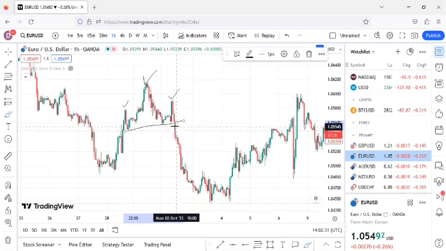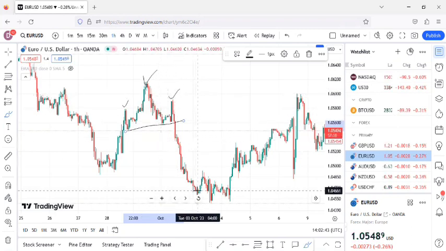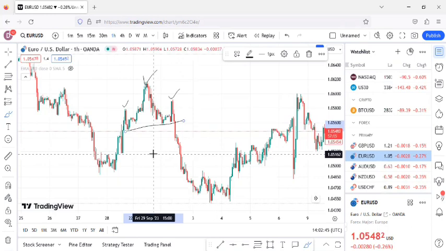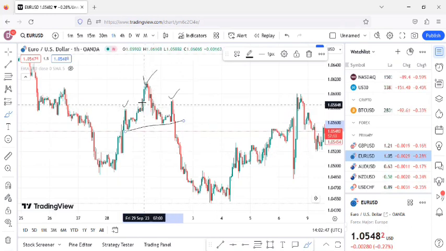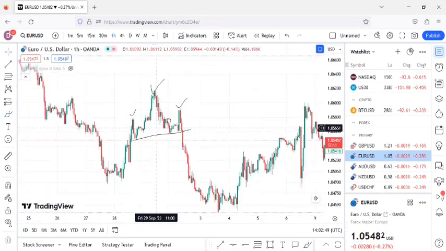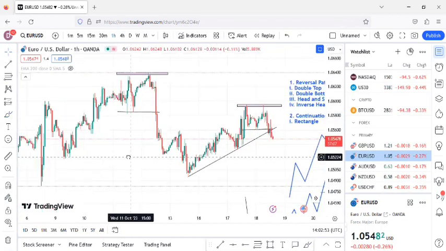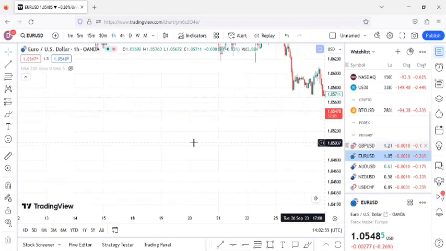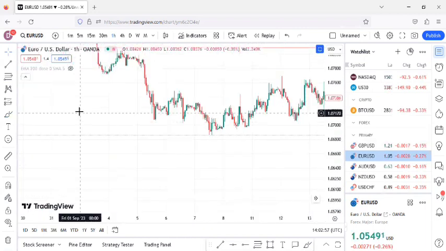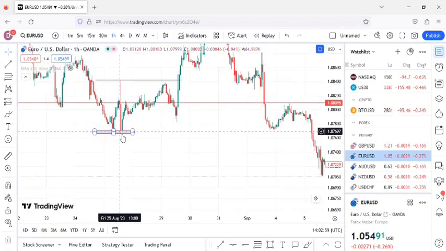So as soon as you have a break, what happens? Your entry, your stop loss. You understand? So your entry, your stop loss, and the price begins to drop. So you've seen a reversal, you've seen head and shoulder, you've seen double top, then you've seen double bottom.